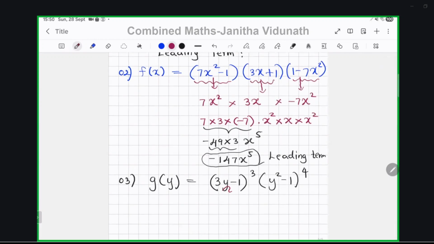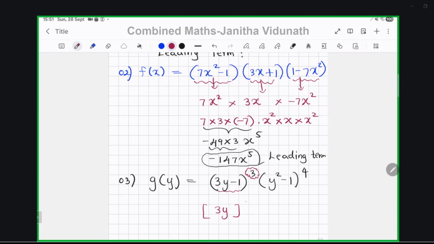Here, the highest term in this bracket is 3y, and the power of this bracket is 3.